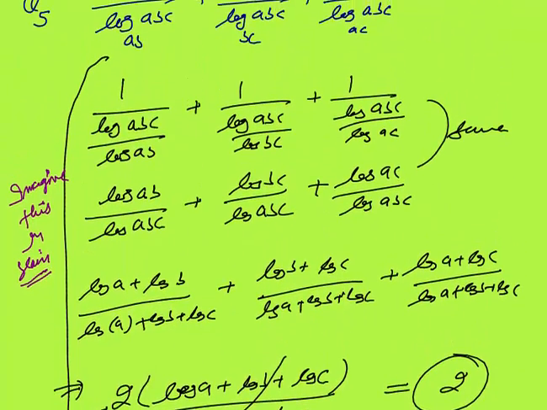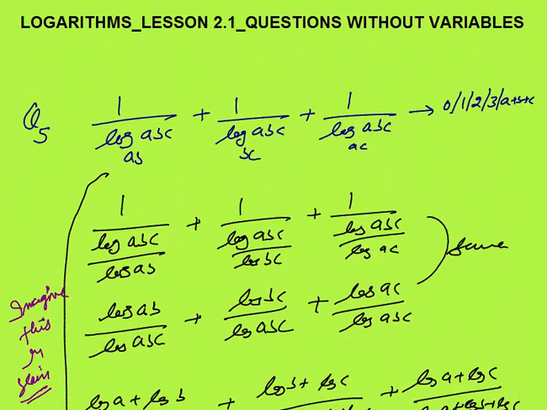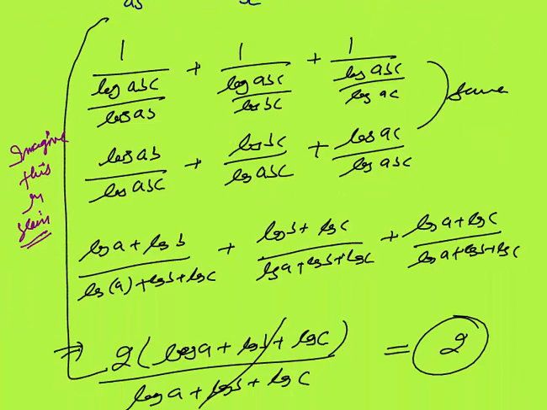Then this question won't take more than 20 or 30 seconds to solve, and that is what you need to learn. Otherwise, if you can't imagine, just write less as I have written, and it will not take more than 1 minute to solve this question.